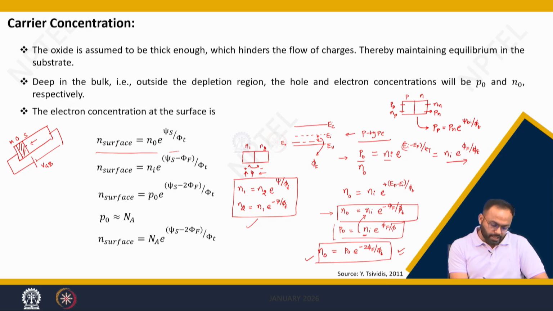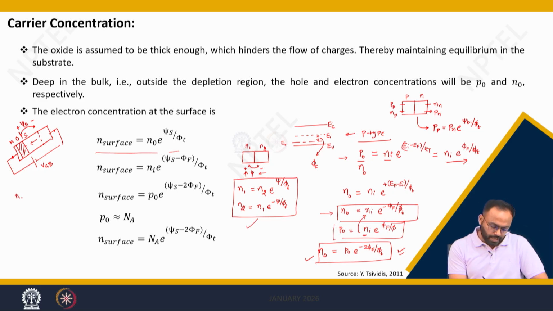So again you apply the junction law. From this point to deep in the bulk, you have potential psi s. We have also already argued that this surface potential is positive when you apply a positive voltage between gate and body. If VGB is positive, surface potential will be positive.